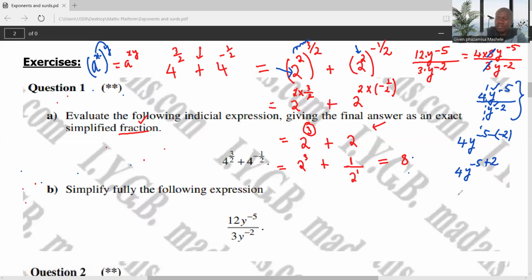And what will be the final answer? The final answer will be 4 multiplied by y to the power minus 3. But we do not want to remain with a negative power. So this will be 4, and we bring the y down, divided by y to the exponent of 3. So this will be the answer.